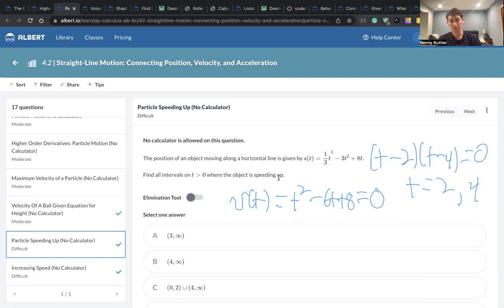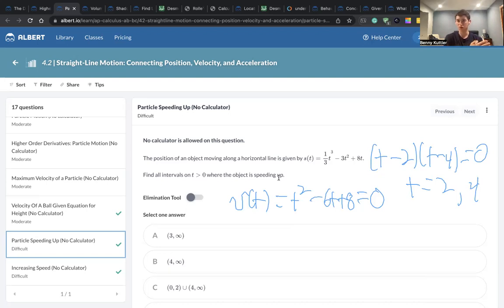Now that we have these zeros of the velocity function, we're trying to find out where it's speeding up. That sounds a lot like acceleration. That's the definition of acceleration, except this is a little different. We're not just looking to see if the acceleration is positive, to see if it's accelerating forwards, because if you're in a car and you're going backwards and you start going backwards more quickly, that would technically be negative acceleration, but the car is still speeding up.